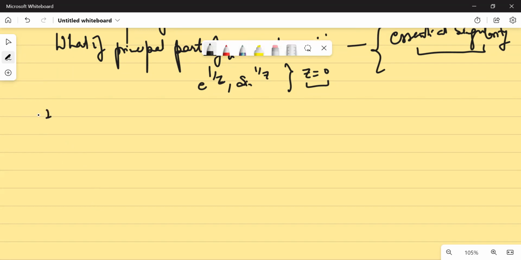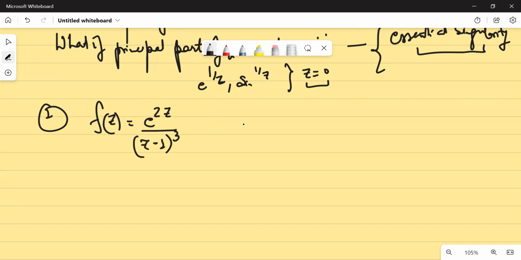So the first is, let's say I'm telling you to expand a function that I'm giving to you. Let's say f of z is equal to e raised to power 2z divided by (z minus 1) whole cube. You can clearly see that at z equal to 1 there is a singularity.